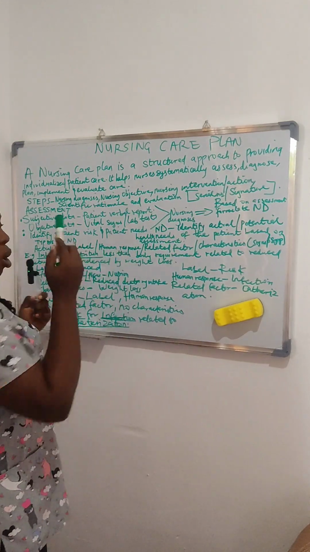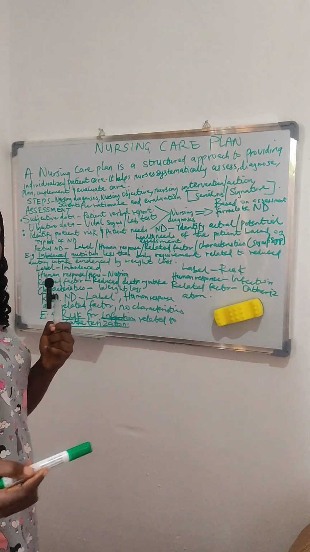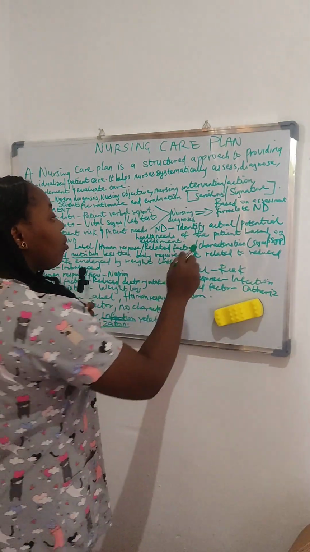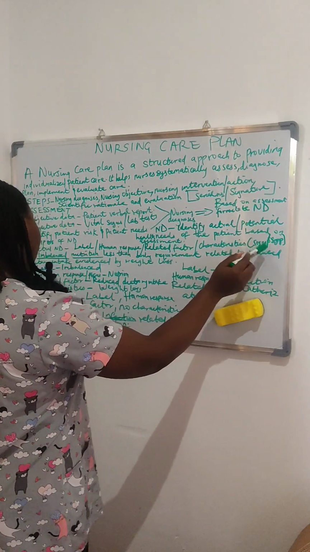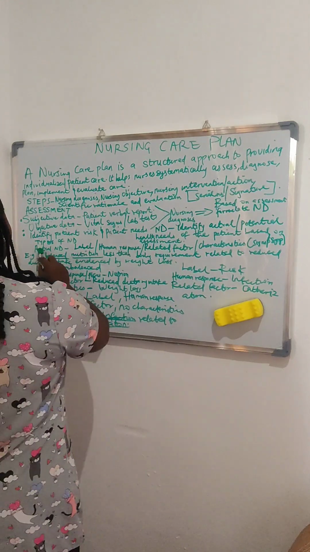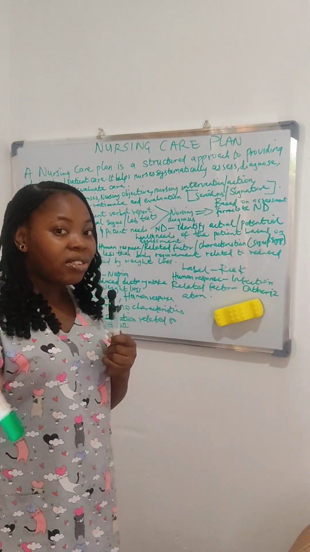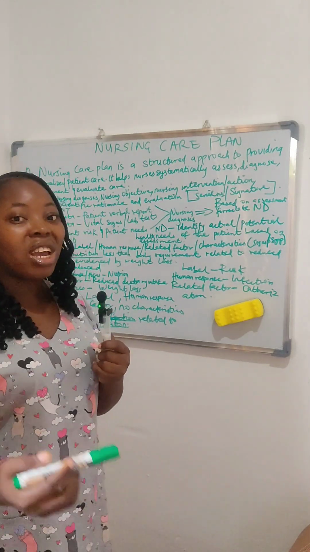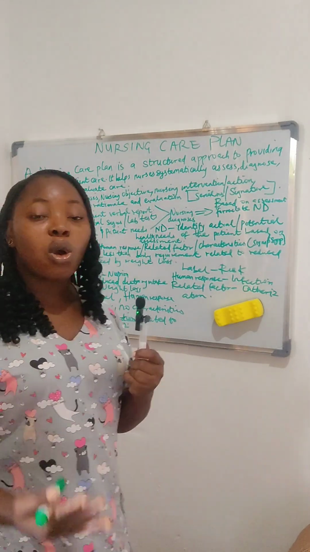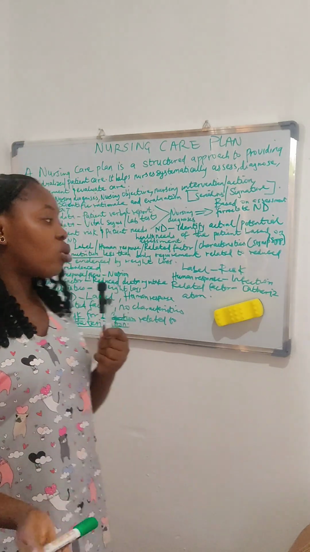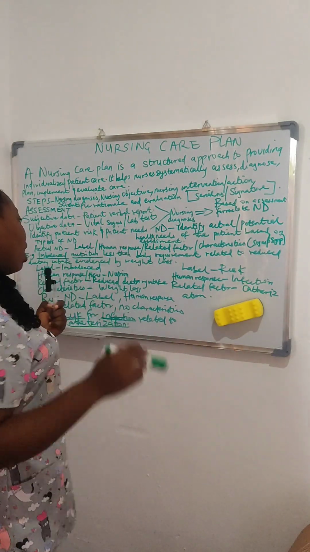The human response can also be known as the focus. The related factor is the cause, the causative factor. The characteristics are the signs and symptoms. This actual problem is what the patient is manifesting, the present patient need or response, because the signs and symptoms are already manifesting. So that is actual nursing diagnosis.